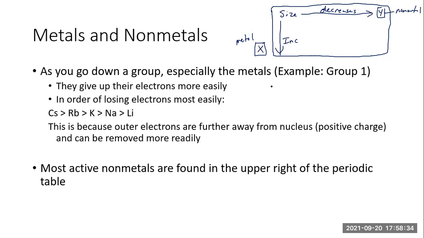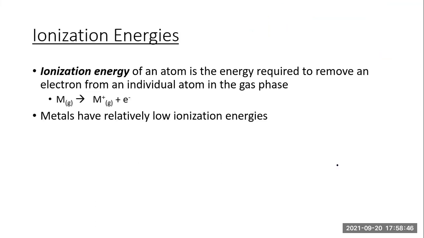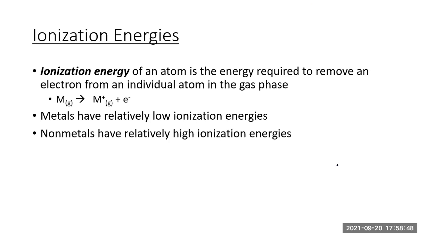And the reason for that is they have a lot of differences when we think about some periodic properties. So let's talk about some of these. First off, there's what is referred to as ionization energy. Ionization energy is the energy that's required to remove an electron from an atom. When we remove an electron, it becomes positively charged and becomes a cation.